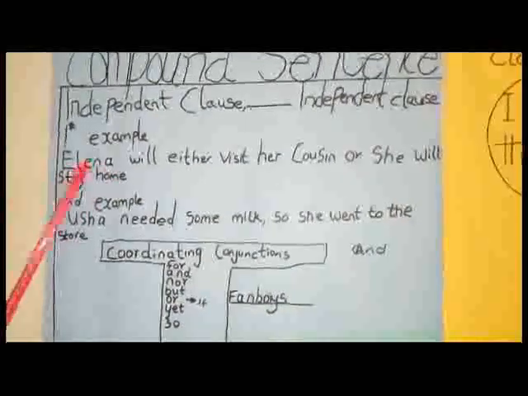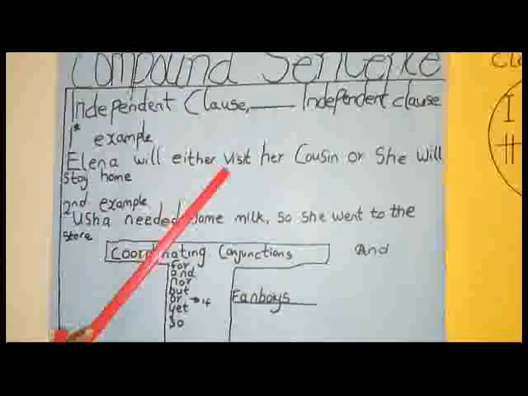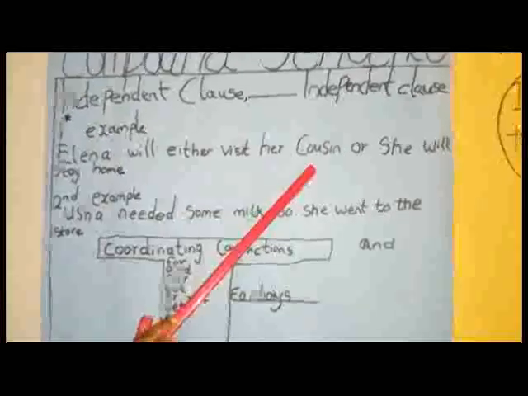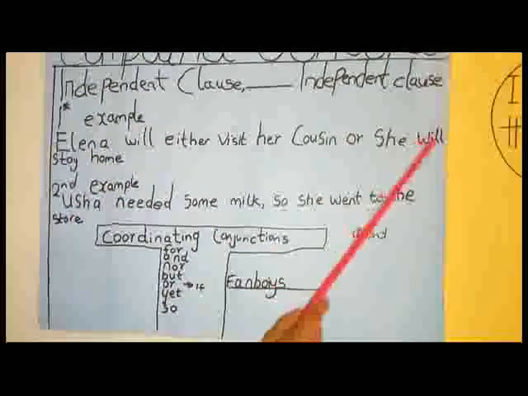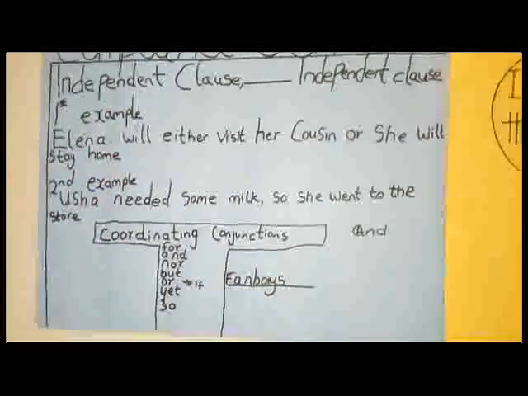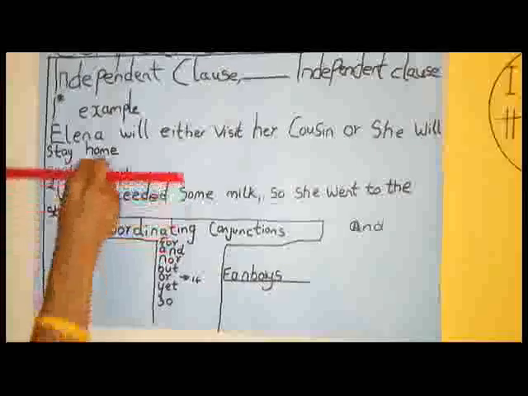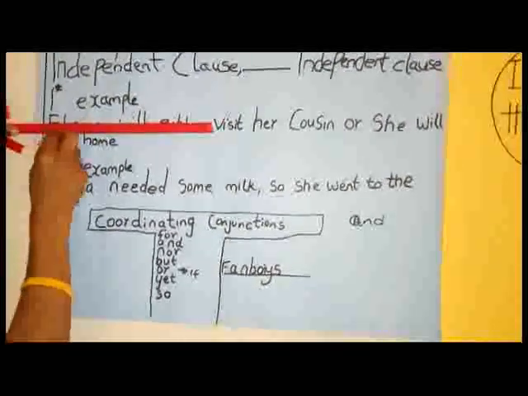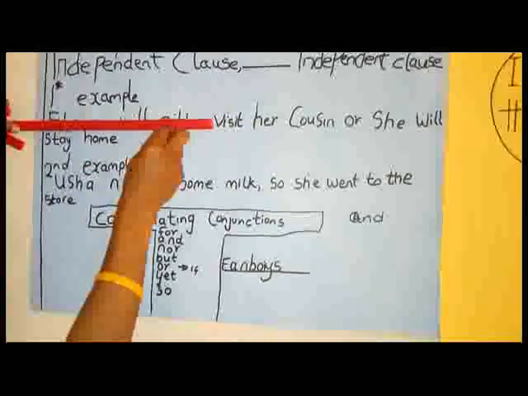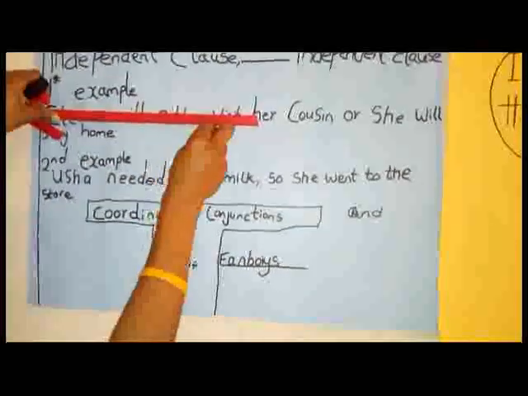Say, Elena will either visit her cousin or she will stay home. Elena will visit her cousin.